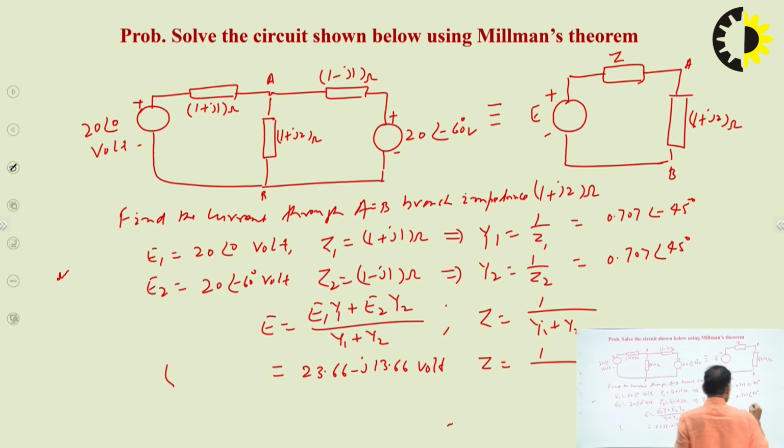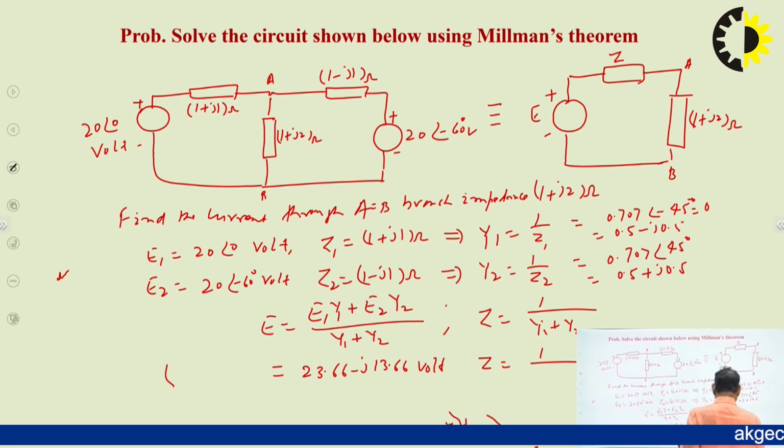So in rectangular format it is coming 0.5 plus J0.5 and 0.5 minus J0.5, so the sum is 1, so Z is coming 1 by 1, so it is 1 ohm.